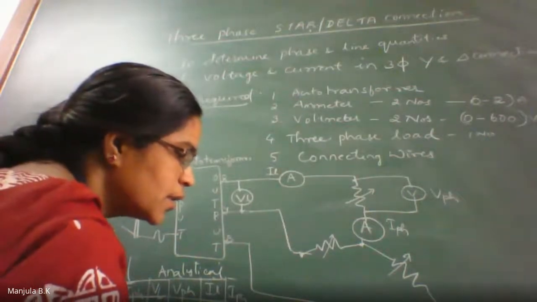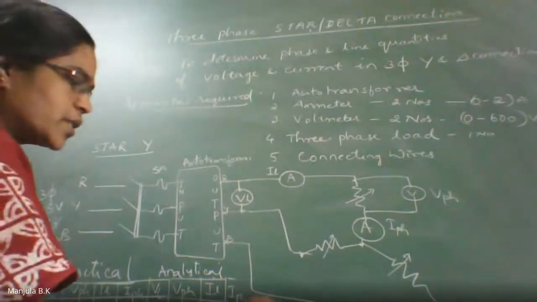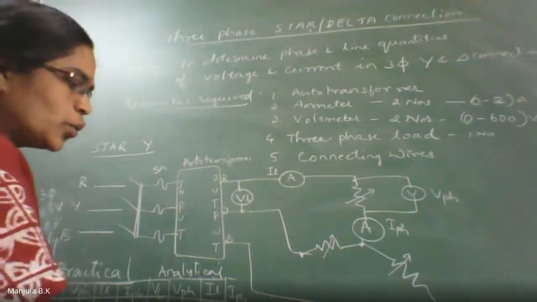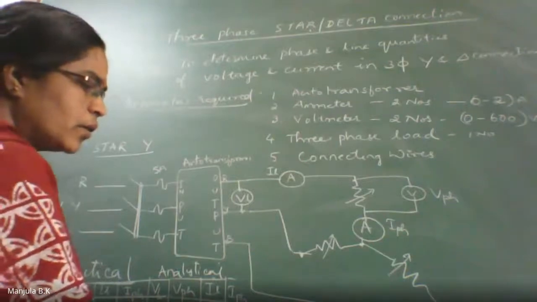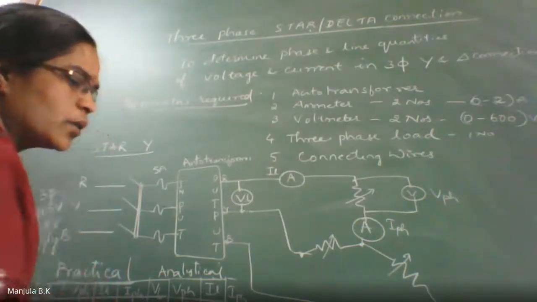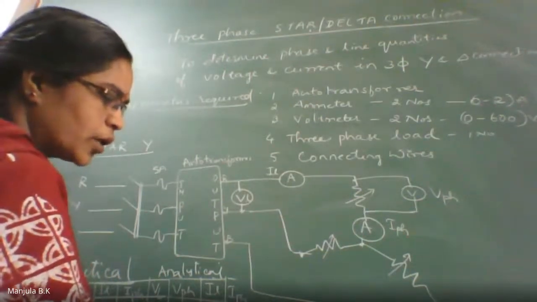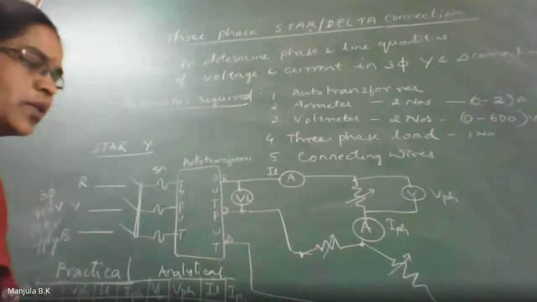So U1, U2 is one coil, V1, V2 is the second coil, W1 and W2 is the third coil. So when the end points are shorted, this becomes the neutral point.